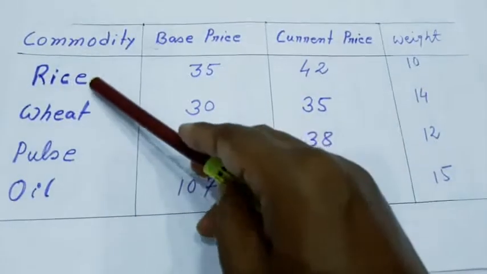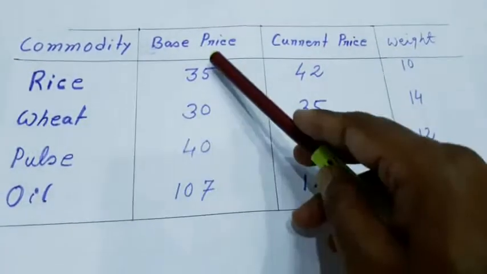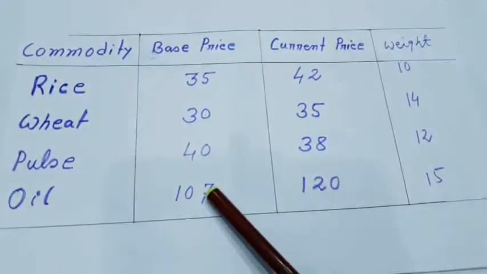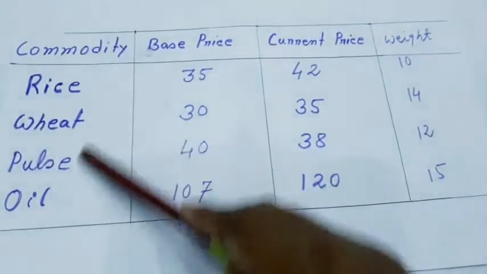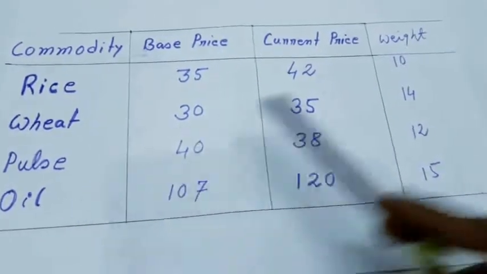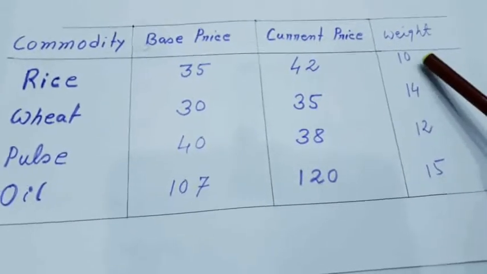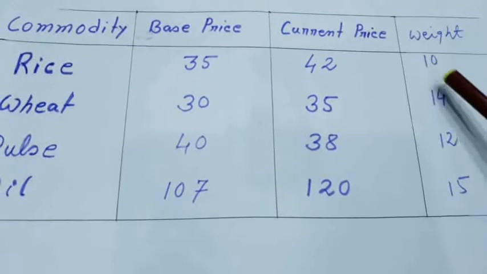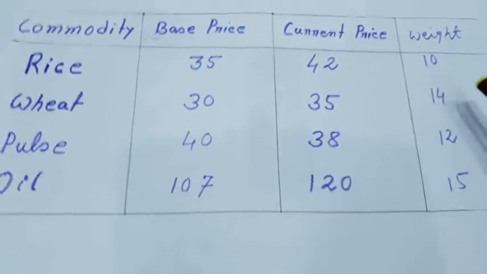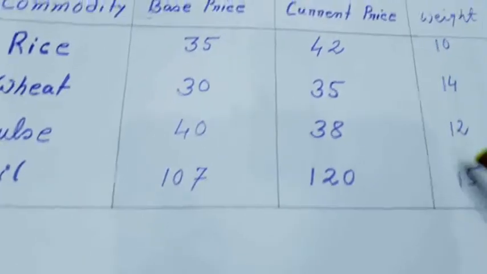There are 4 commodities, and this is the base price and the current price of these 4 commodities, and their weight is also given: 10, 14, 12 and 15.